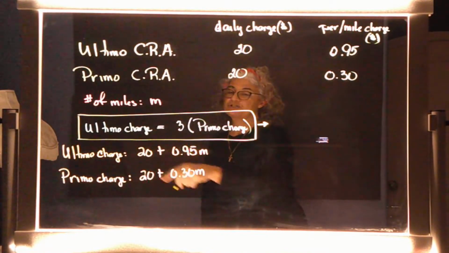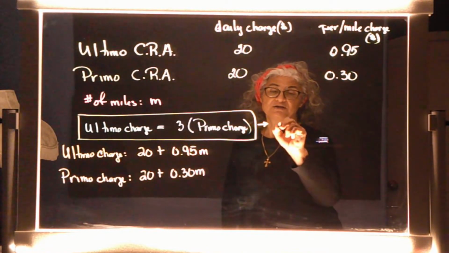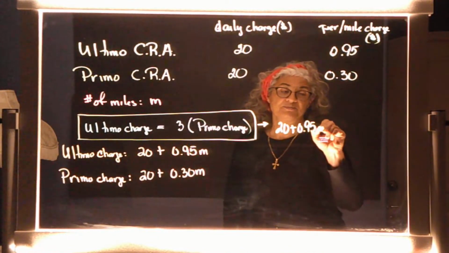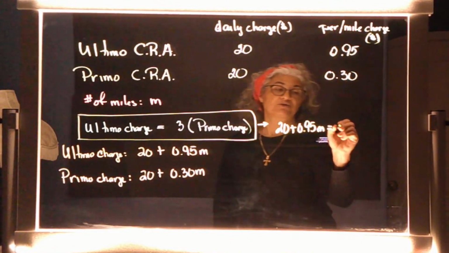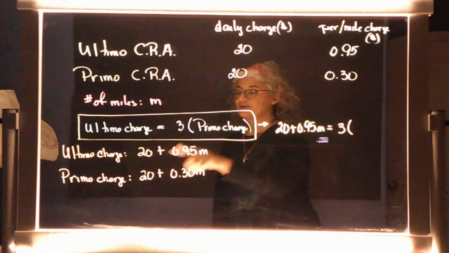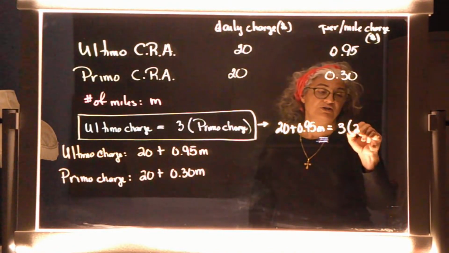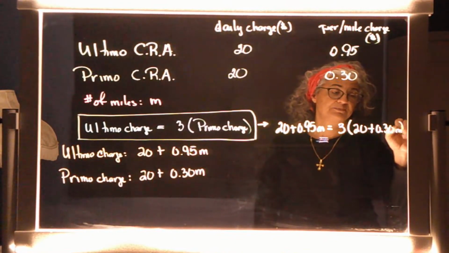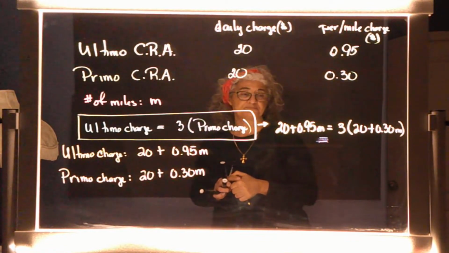So Ultimo's charge, 20 plus 0.95 m equals 3 times Primo's charge, 20 plus 0.30 m. Are you with me?